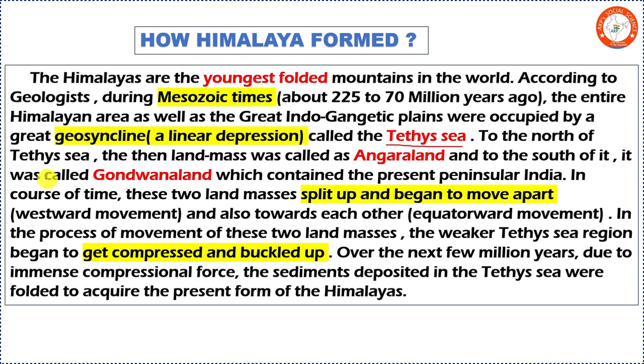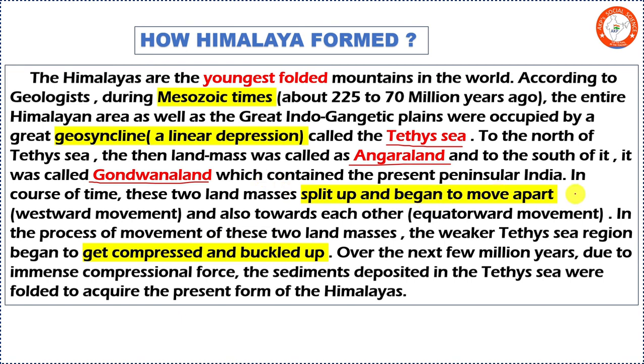To the north of the Tethys Sea, the then landmass was called Angara land, and to the south of it was called Gondwana land.